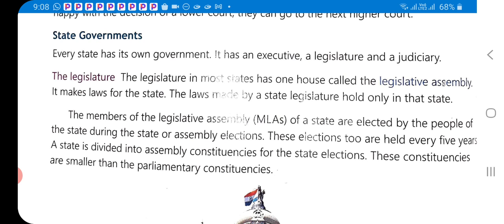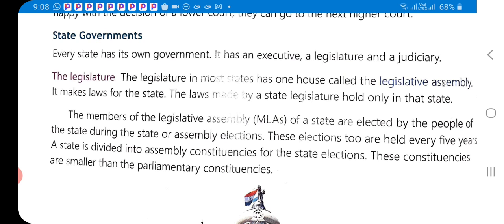Here one point to be noted: only 6 states in India have legislative councils, like Andhra Pradesh, Bihar, Uttar Pradesh, Karnataka, Telangana. So these are some of the 6 states which have a second house of the legislature, which is called Legislative Council or Vidhan Parishad.